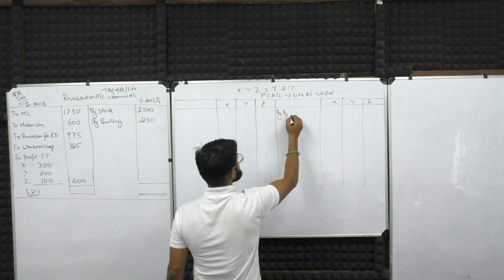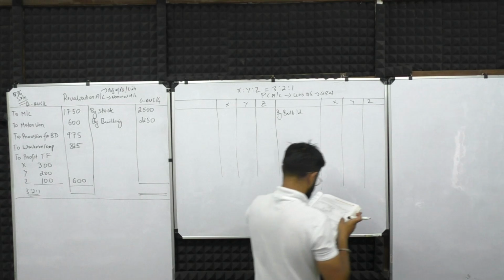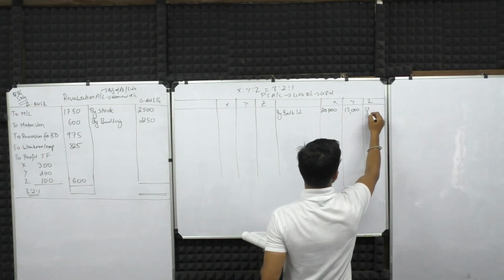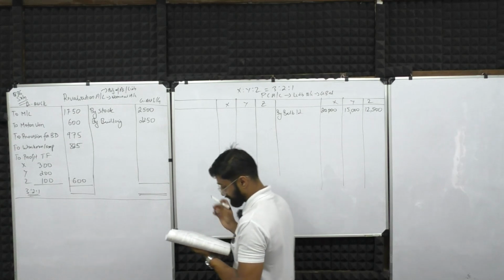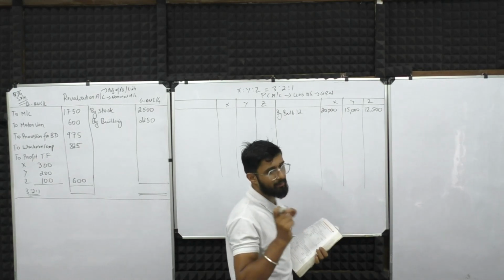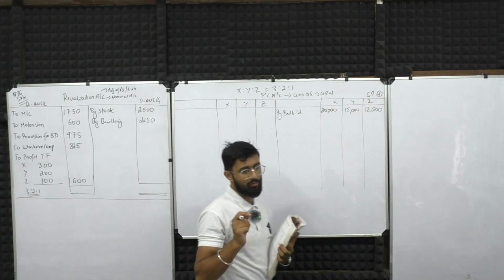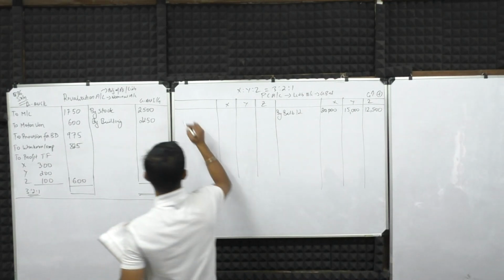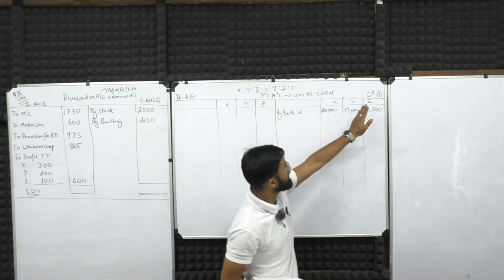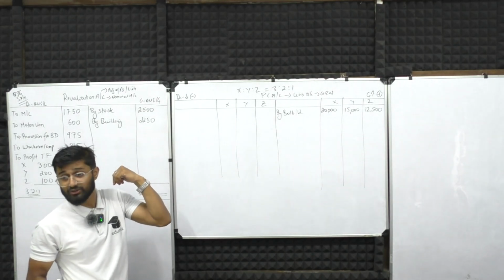The balance for 2015 is 12,500. Capital balance is shown on the credit side. Interest on capital is added on the credit side, while drawings are deducted, shown on the debit side.